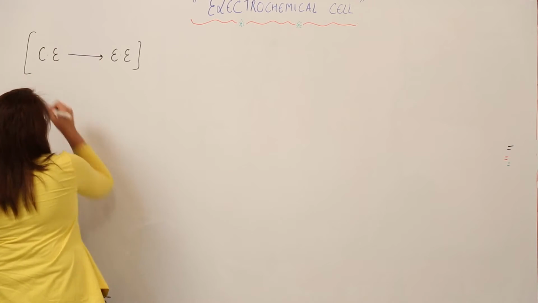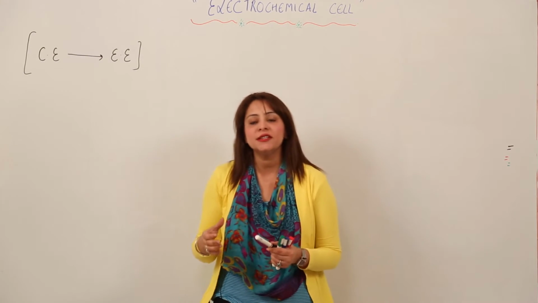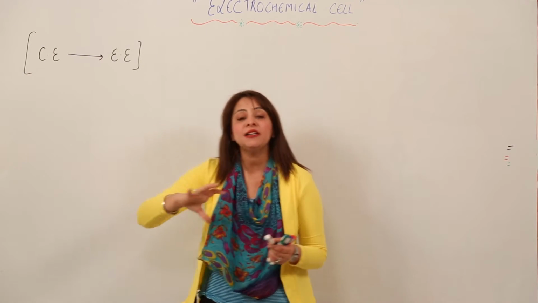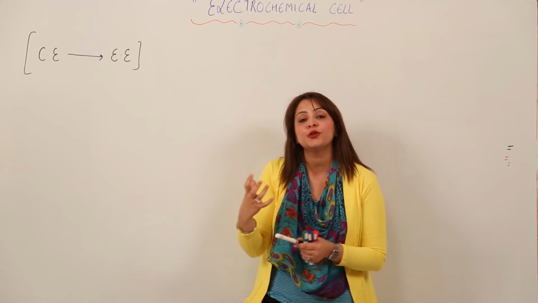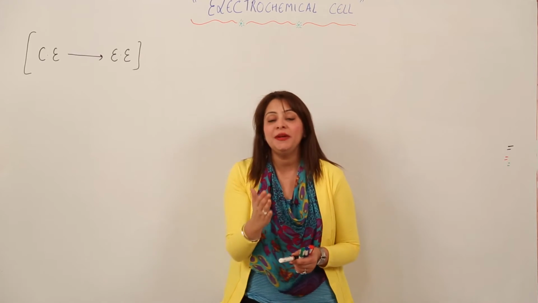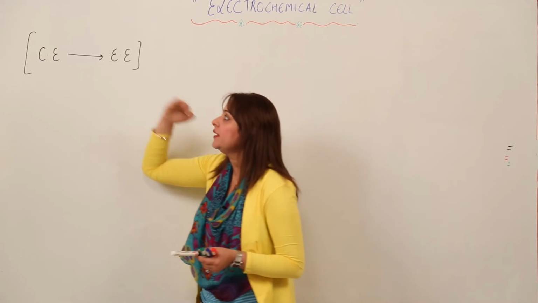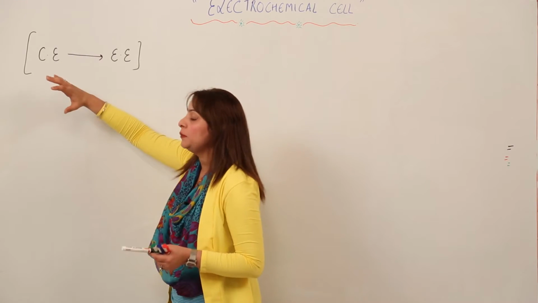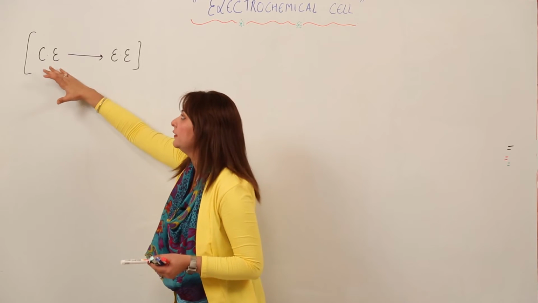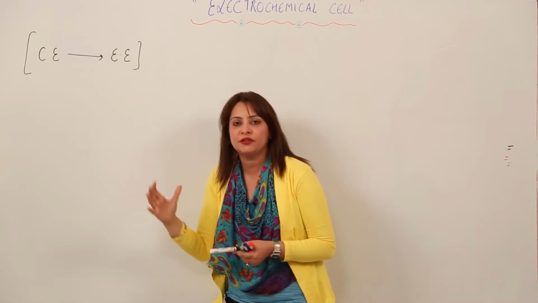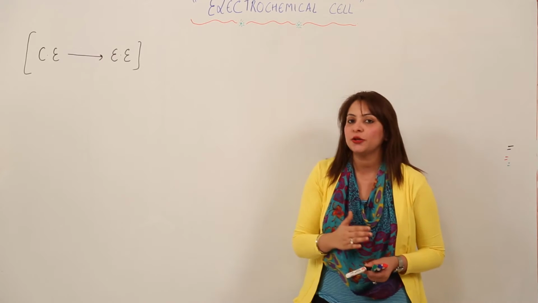That means in it chemical reactions occur, and those chemical reactions lead to the production of electric energy. The chemical energy just gets converted into electric energy. This is the electrochemical cell.